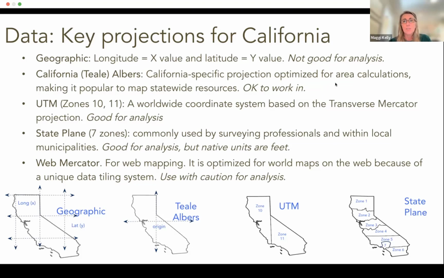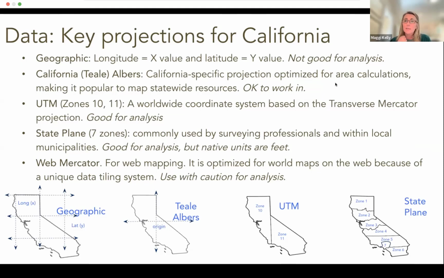This is a projection system that's been designed for the entire Earth, and it splits the Earth into strips, north-south. In California, we have 2 of those strips, zone 10 and zone 11. This is a great one to work with. It's one of our favorite projection systems.